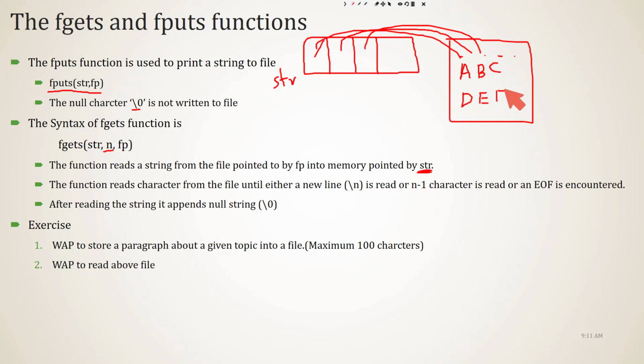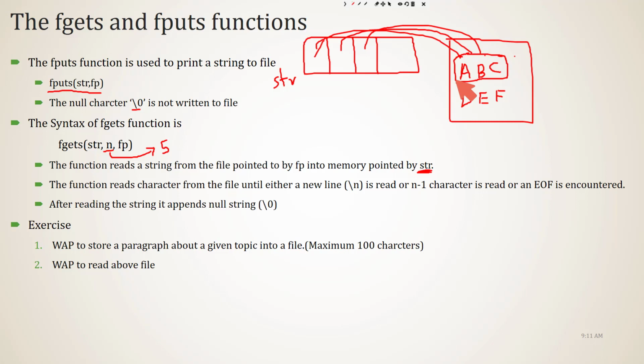Suppose I am reading this one, A, B, C, D, E, F. And in n, for example, I am giving 5. Just imagine n is 5. The function reads characters from the file until either a new line. So here after ABC there is a new line. After ABC the next characters are written on a new line. So using this function we can read only ABC.